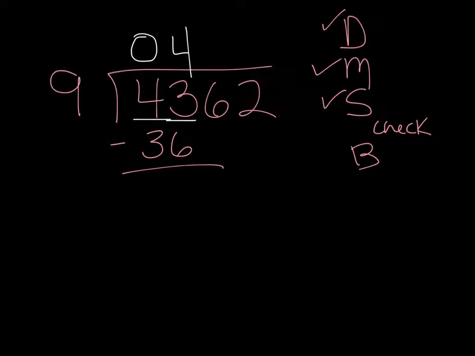You have 10 fingers, and you know the answer is going to be less than 9, so you have enough fingers to figure it out. You may do this by subtracting 3 minus 6 and borrowing. Or a lot of times what I'll do is, if I know the answer is going to be less than 10 and I have enough fingers for it, then I'll start with the number 36, and I will count up from 36 to 43.